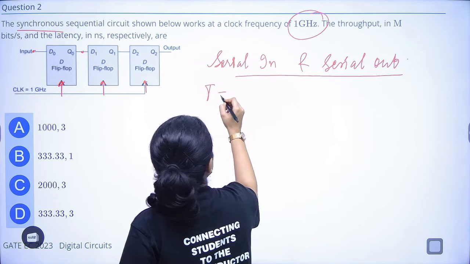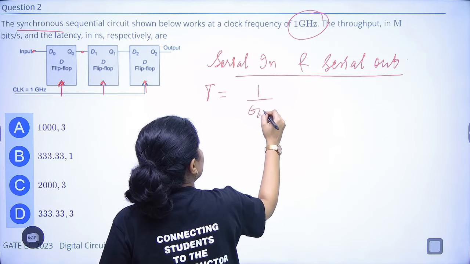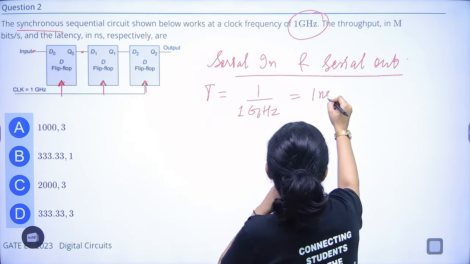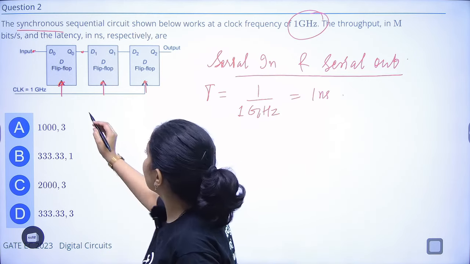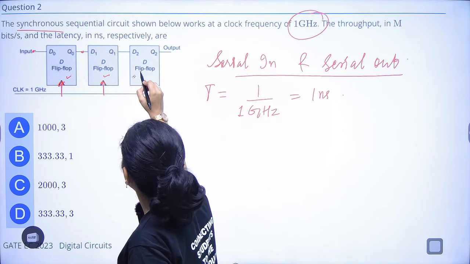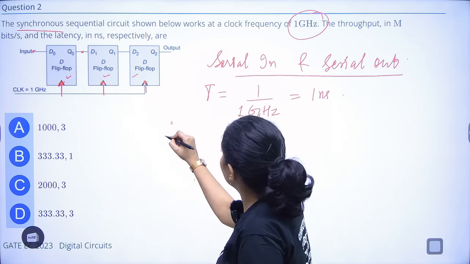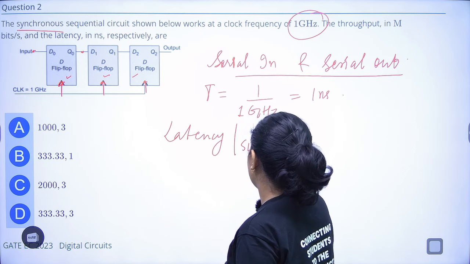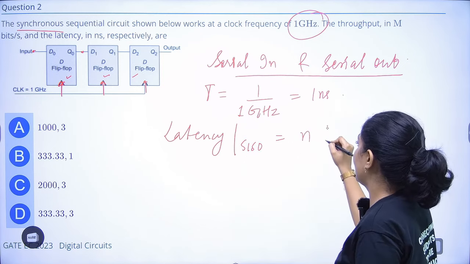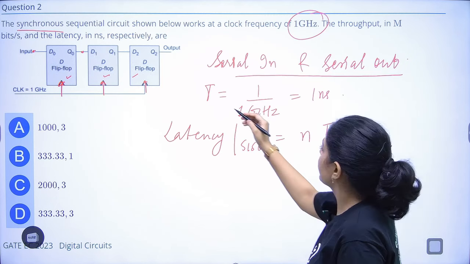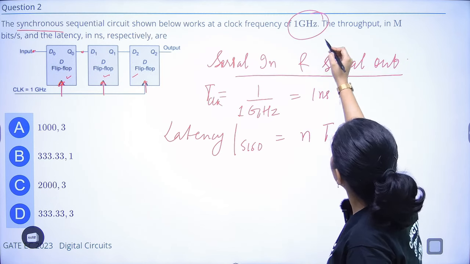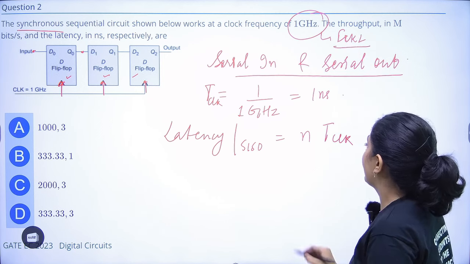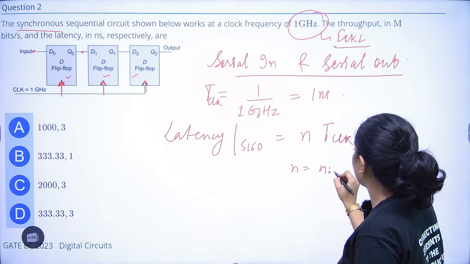Time is 1 by 1 gigahertz, which is equal to 1 nanosecond. Here we can see 3 flip-flops. So latency in serial out is equal to n times T clock, where T clock is the clock period, from the frequency given here, and n is the number of flip-flops.